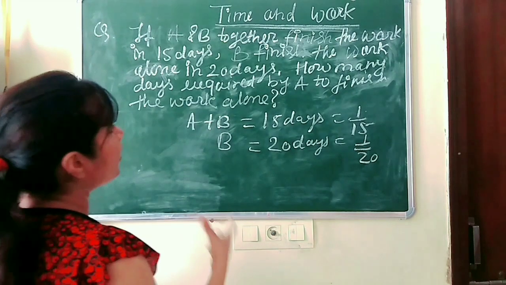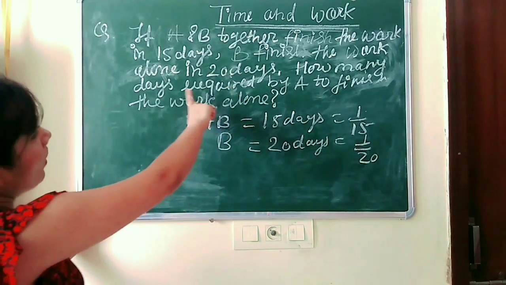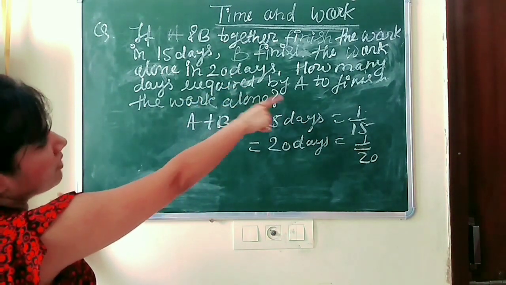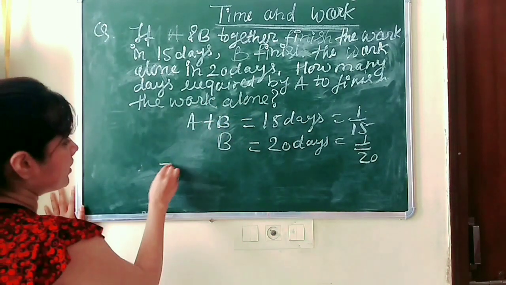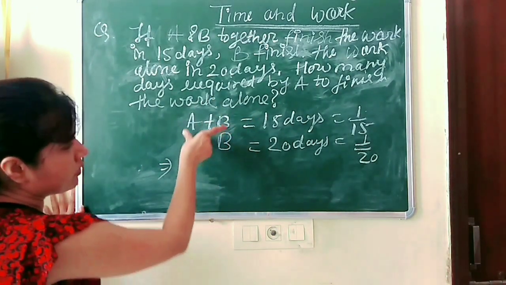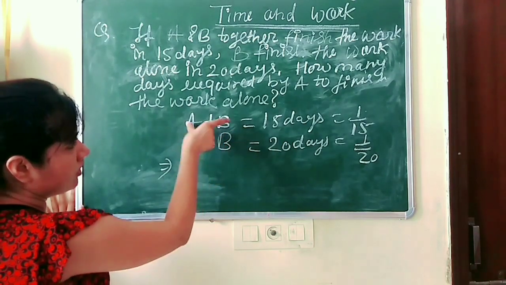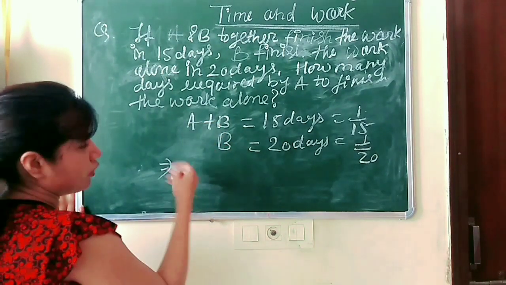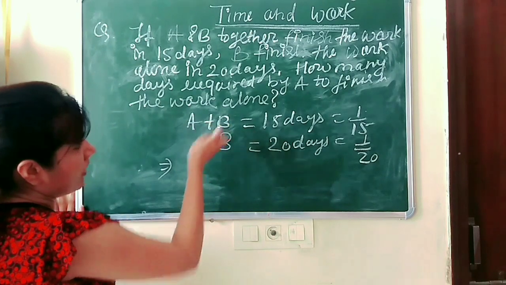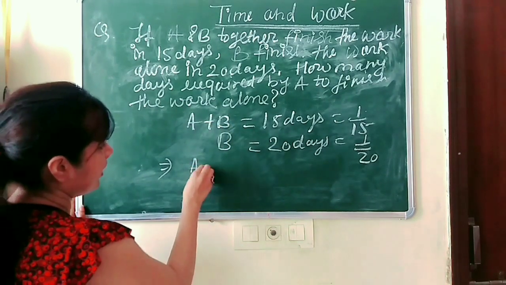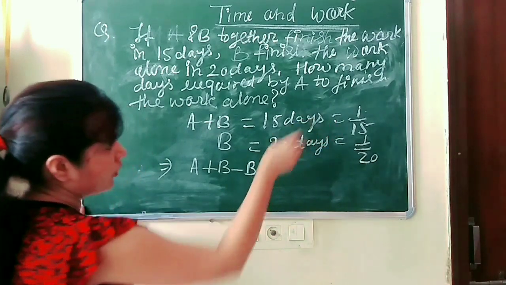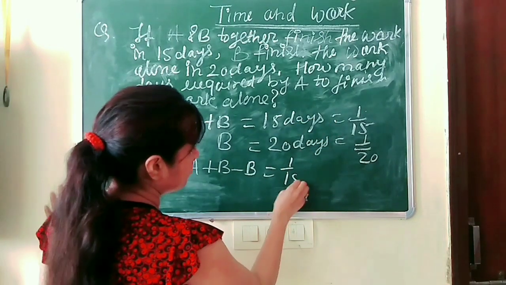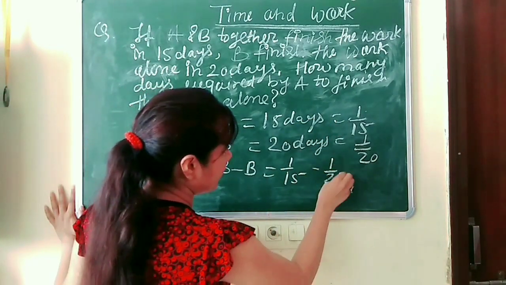Now we have to find how many days are required by A to finish the work alone. So we simply subtract this equation by this, and we will get the work done by A. That will be A plus B minus B. So 1 by 15 minus 1 by 20.